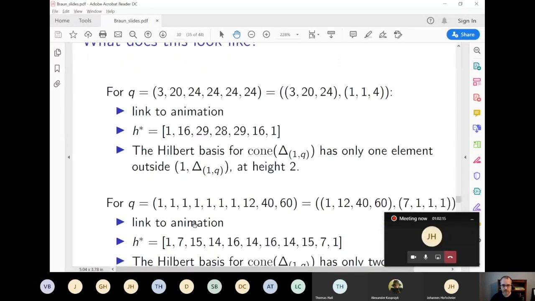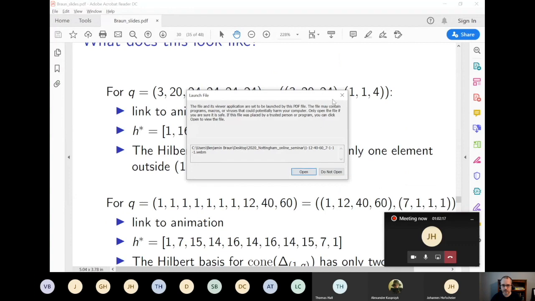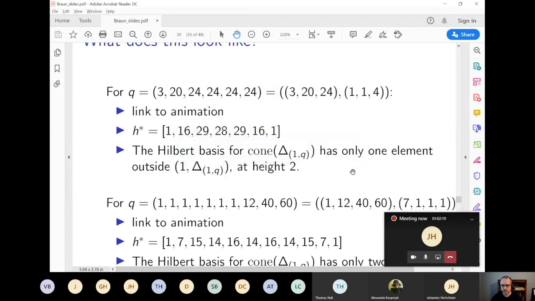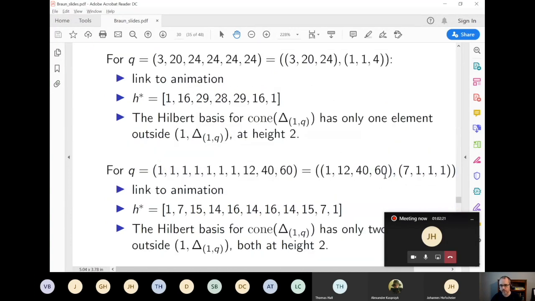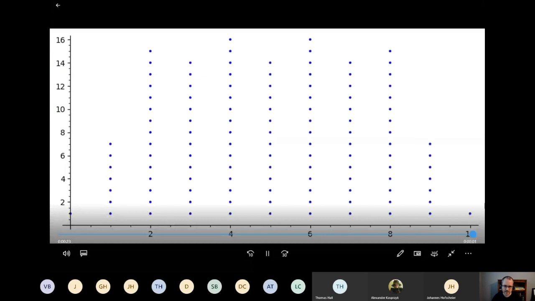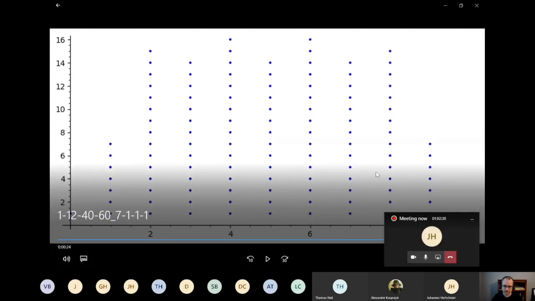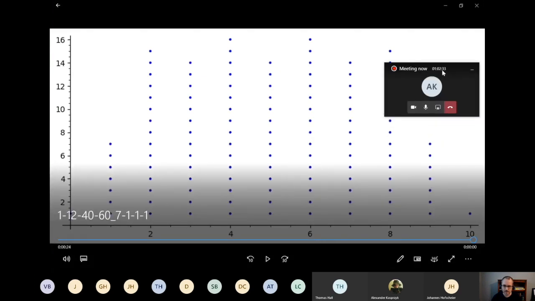But if I instead look at the vector 1, 12, 40, and 60 with this other multiplicity, let's see, is this visible? Yep. Okay.